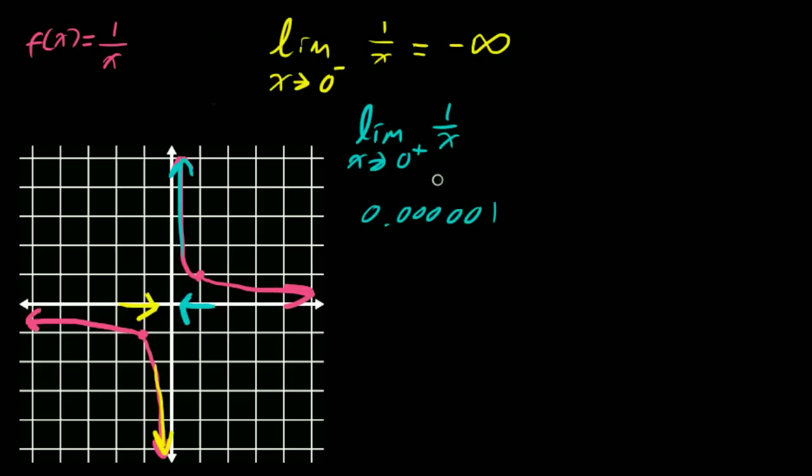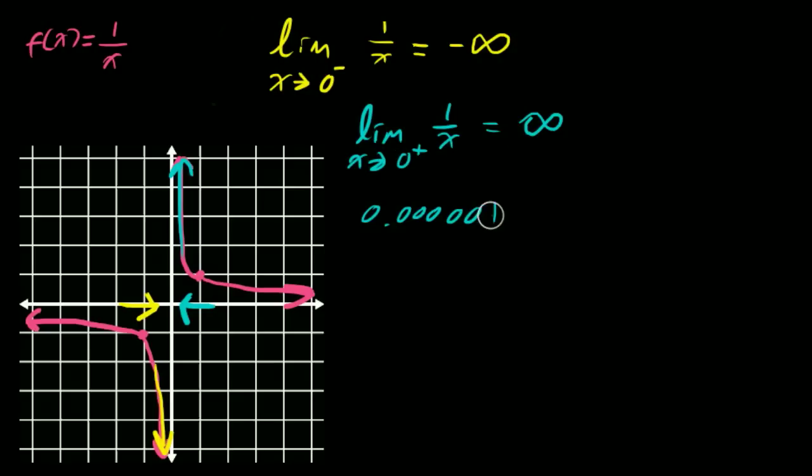And we would divide 1 by this number, and we would get something positive and really big. And for every number we choose like this, we can always choose a smaller one, and the smaller we choose, the bigger our function is going to grow. So therefore, this function is going to grow to infinity as we choose numbers really close to 0 from the positive direction.